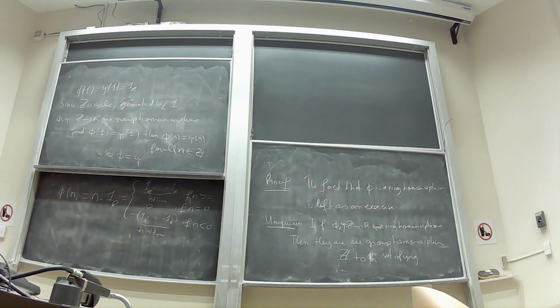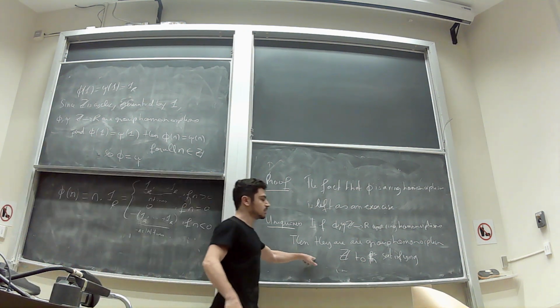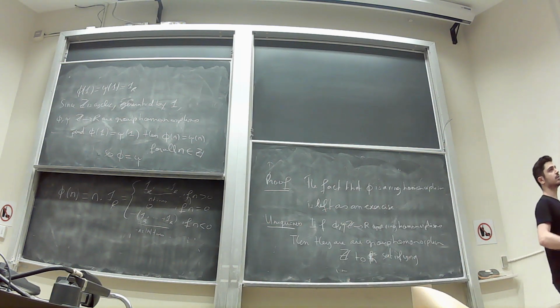I'm saying, suppose you have two homomorphisms, you show they're equal. Have you seen that kind of proof? Yeah, we've seen that many times, right? When you show uniqueness, you assume you have two of them, and then you show they're equal. So assume you have two ring homomorphisms, and you show that they're equal functions. Great, awesome.